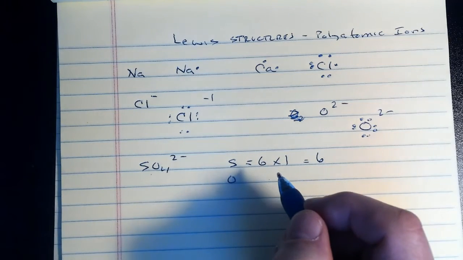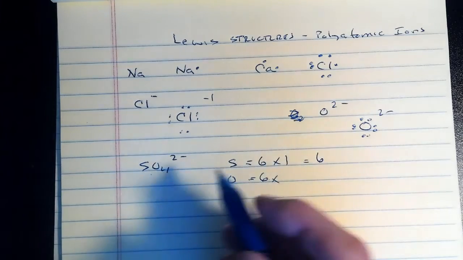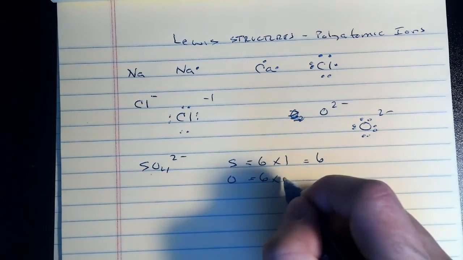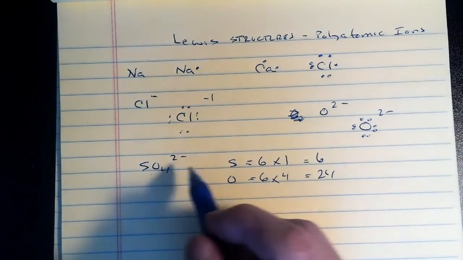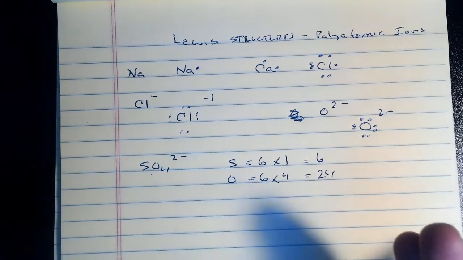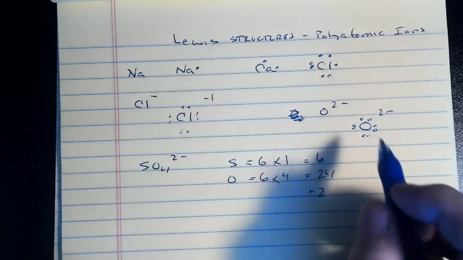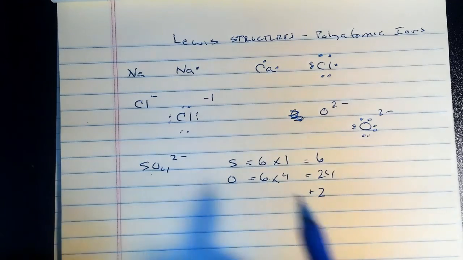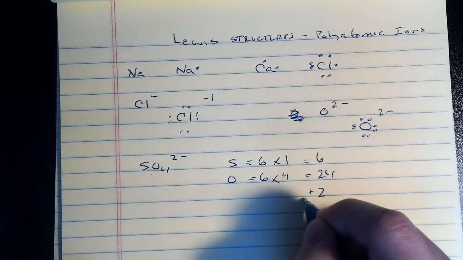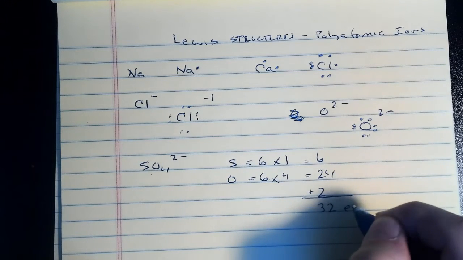Oxygen is also in group 16, so it's got 6, but it has 4 atoms in SO4, so times 4 is equal to 24. And we've got 2 minus, which means it's gained 2 electrons, so we're going to add 2 here. If it were plus 1 or plus 2 or plus 3, we would be subtracting electrons. So you add these up: 30 plus 2 is 32 electrons.